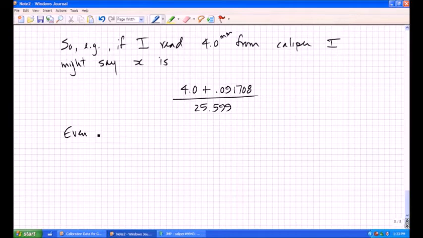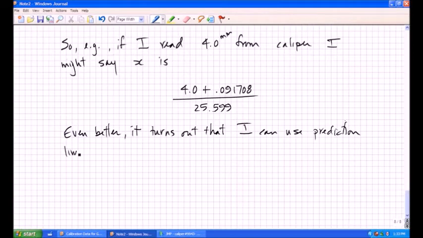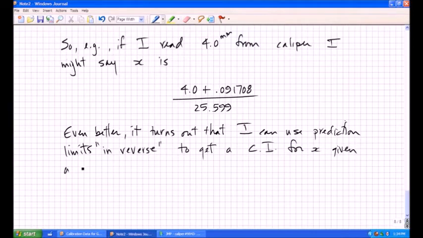Even better, it turns out that I can use prediction limits somehow in reverse to get a confidence interval for x given a future read value of y.